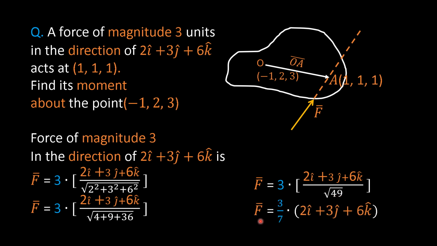So this force F bar will be 3 by 7 times 2i cap plus 3j cap plus 6k cap, which will be this force.